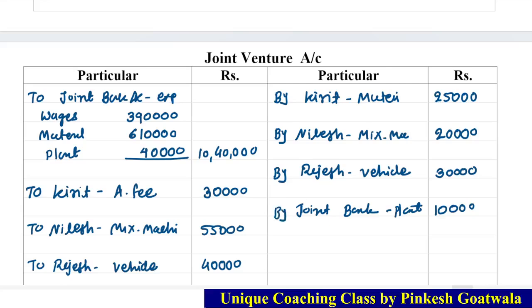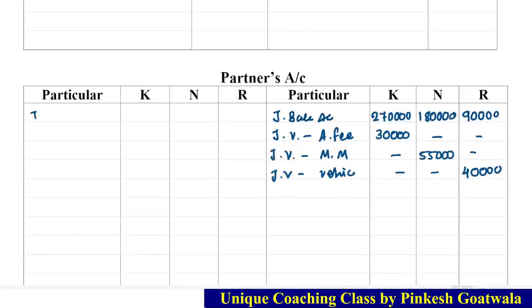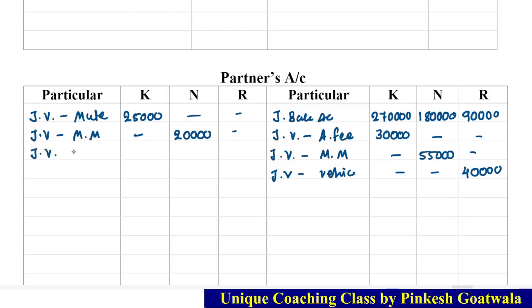Now let's give all of this second effect. Kirit, Nilesh, Rajesh: material, mixer machine and vehicles, 25, 20 and 30. So joint venture, material 25, then joint venture, that is mixture machine, Nilesh 20, and the joint venture last was a vehicle, 30.